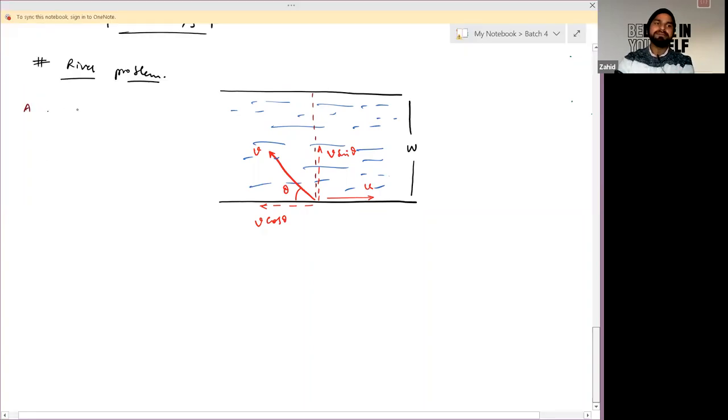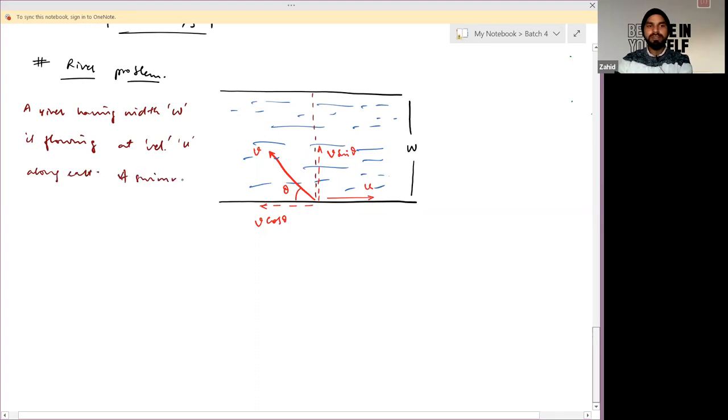A river having width w is flowing at velocity u along east.